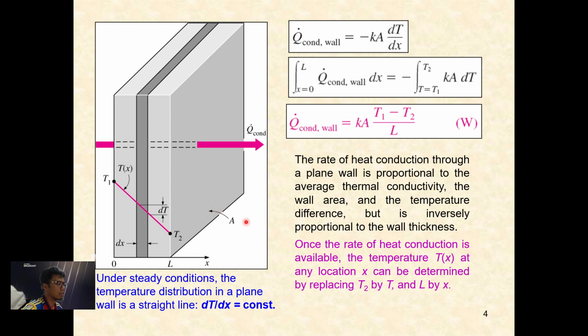We look at the letter A here, and T1 is the temperature of the hottest surface on one side, and T2 is the coolest surface on the other side. Then L refers to the thickness of the wall. Okay, it is as simple as that. So the formulation that you really need is only this one.